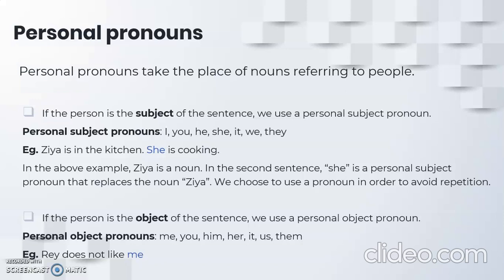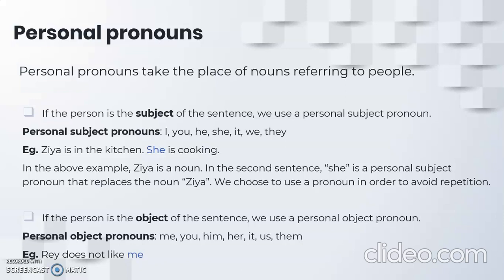This is a personal pronoun. There are two types. First, if the person is the subject of the sentence, we use a personal subject pronoun: I, you, he, she, it, we, they.